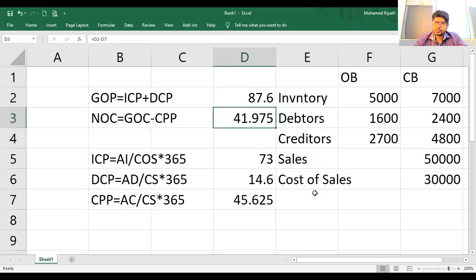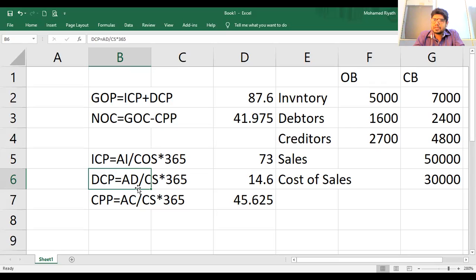When we calculate the debtors collection period, we have to consider the credit sales. So if they make all the sales on a cash basis, there are no debtors, so the debtors collection period is equal to 0.